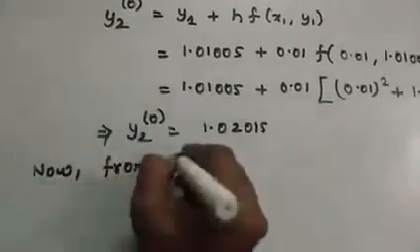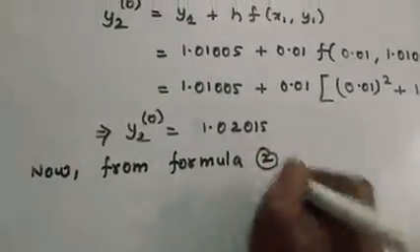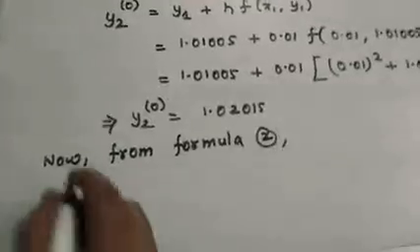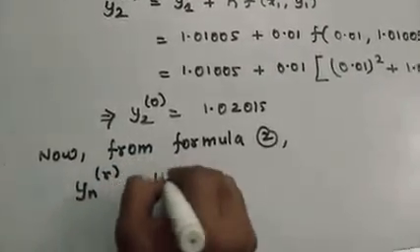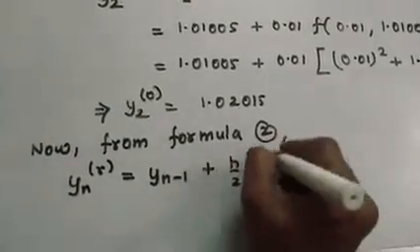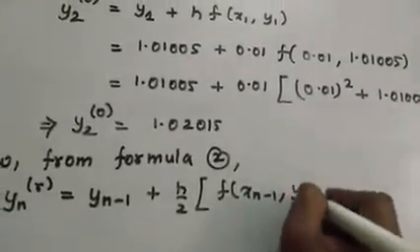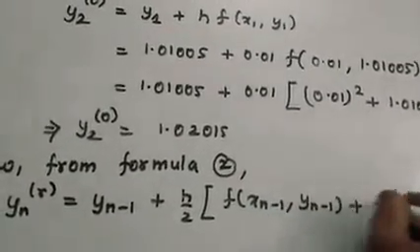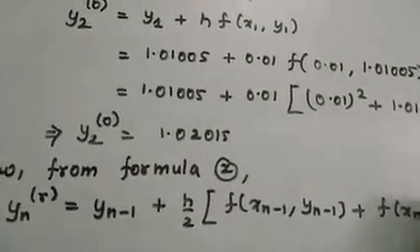Formula 2 says that yn of r equals yn minus 1 plus h by 2 times f of xn minus 1 comma yn minus 1 plus f of xn comma yn to the power r minus 1.